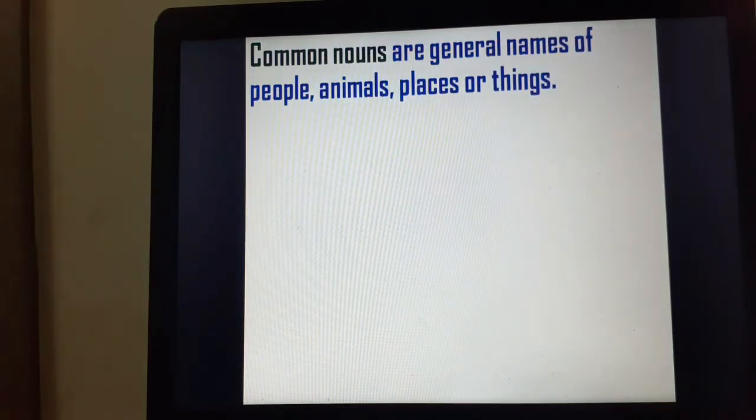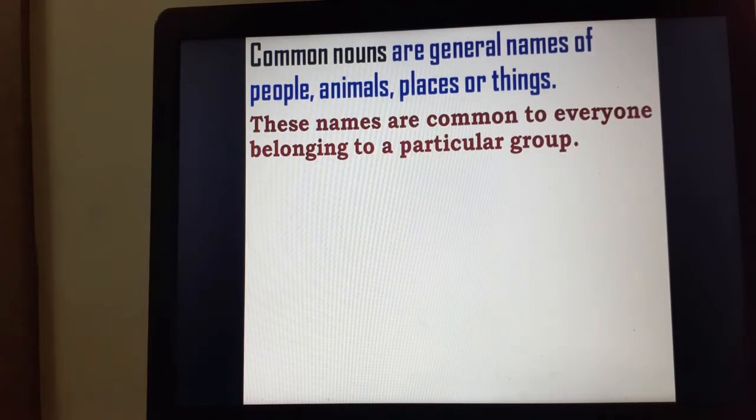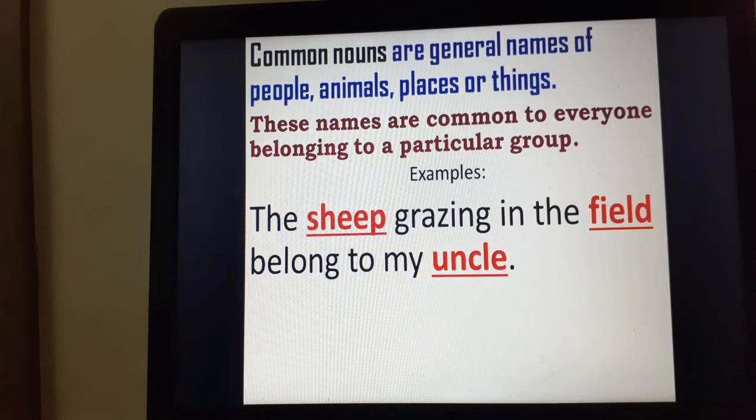Common nouns are general names of people, animals, places, or things. These names are common to everyone belonging to a particular group. Examples: The sheep grazing in the field belonged to my uncle.